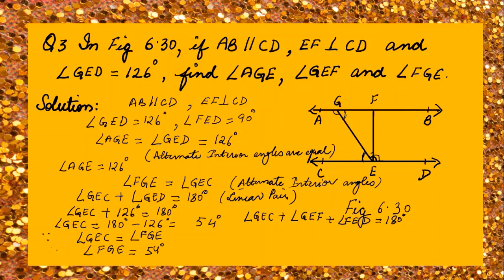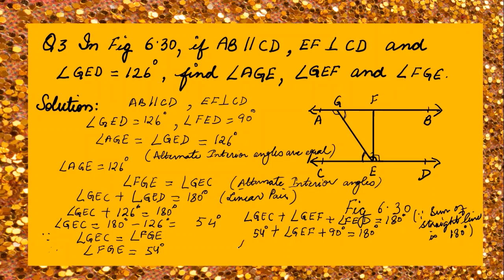Okay, since sum of straight line is 180 degree. Okay, now you can see GEC is your 54 degree. Yes, this is your 54 degree plus angle GEF we want to find out, plus angle FED, it is given to be 90 degree, equals 180 degree.